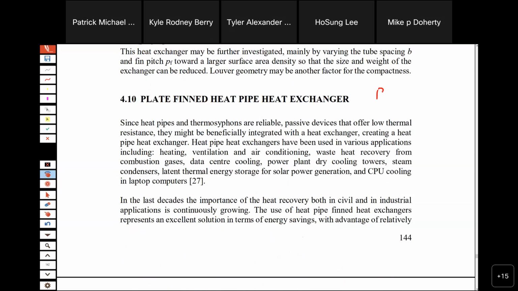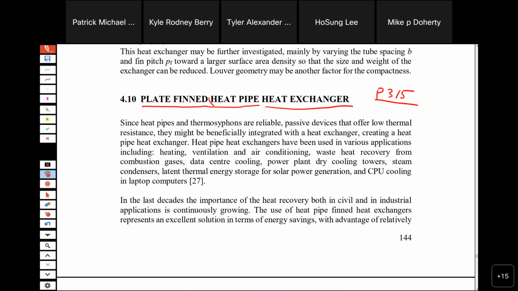This is a page in the textbook, 315. Plate, finned, heat pipe, heat exchanger.